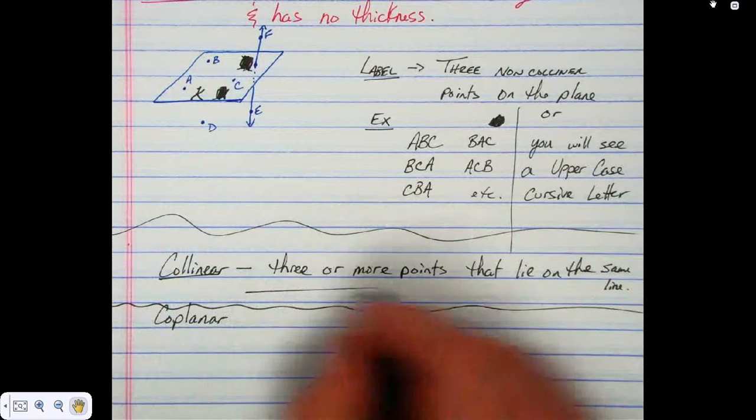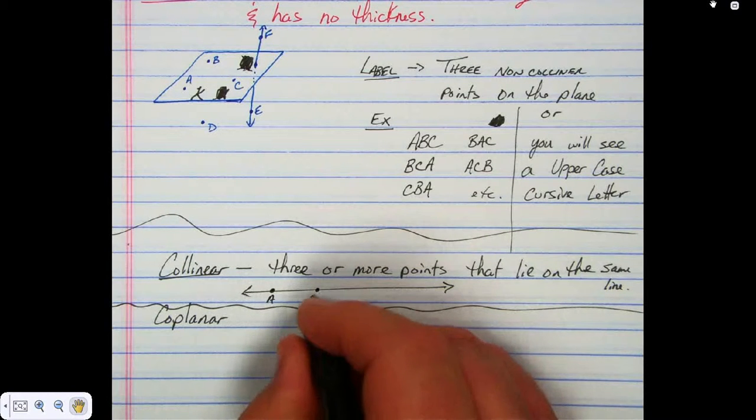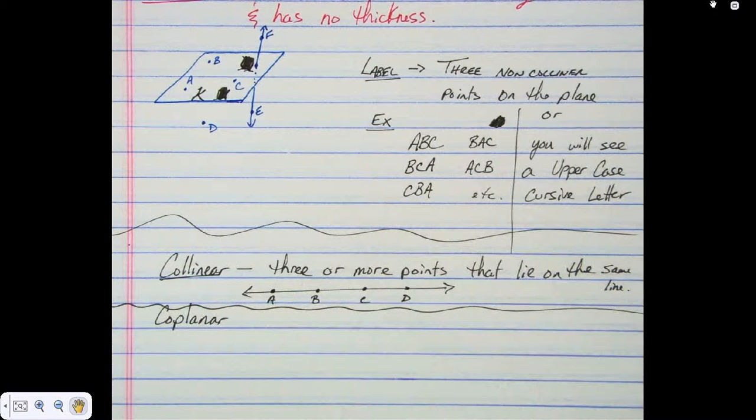So if I was to draw an example of that, I'd draw a line here, right? A, B, C, D. How many points there are collinear?